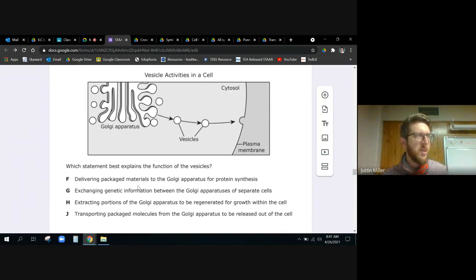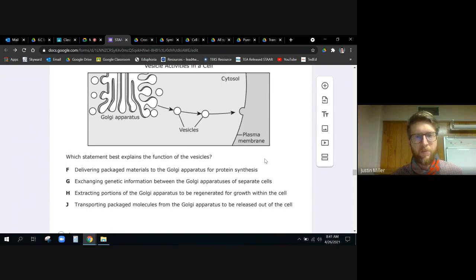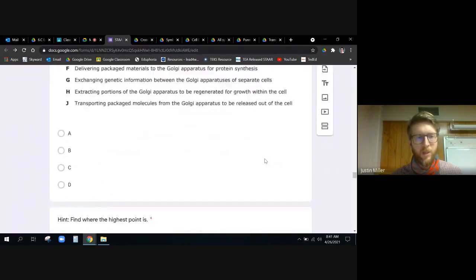DNA is only found in the nucleus. So if you don't see nucleus anywhere, then there's no involvement of DNA. Extracting portions of the Golgi to be regenerated for growth within the cell. There's nothing happening in the cell. These pieces of the Golgi are being taken out and released outside the cell. So there's nothing happening within the cell here. So it's not G or H, and I'll let you tell me which one it is.